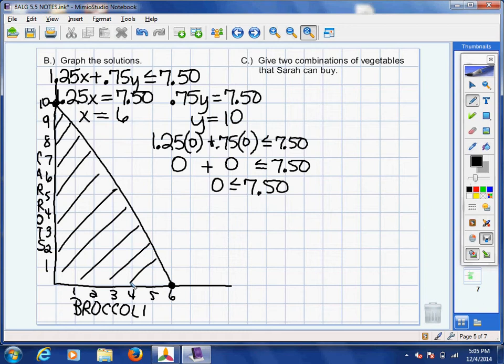Okay, I just made this super easy for you, by doing the cover-up method, I found 2 points for you already. The first one is the x-intercept, which is 6, 0, and the y-intercept, which is 0, 10. Now, what does that mean? The x-intercept 6, 0. That means I bought 6 bunches of broccoli, but I didn't buy any carrot packages.